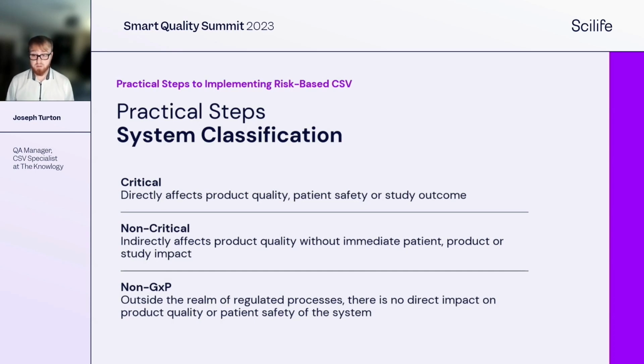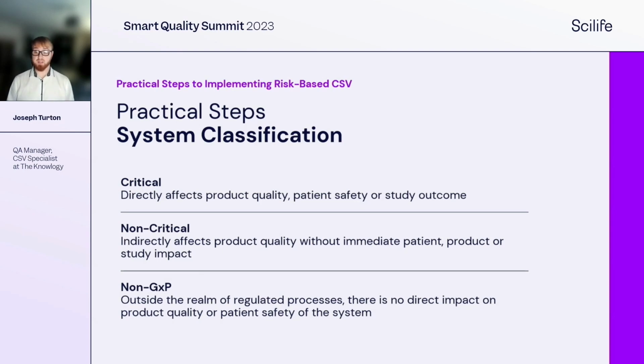You can have non-critical systems. They don't have the same kind of immediate impact. They support our critical systems. Think of these as the ones that deliver necessary resources, like trained staff, or the things that ensure the vitality of your operations, rather than things that can have a direct impact on patient or product safety. Lastly, there are non-GxP systems that support the infrastructure of the lab.